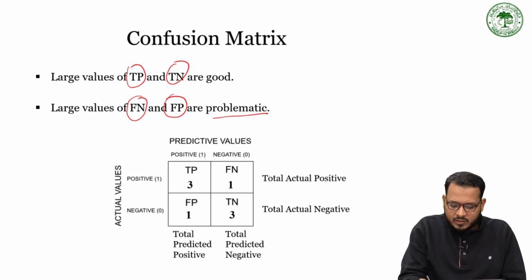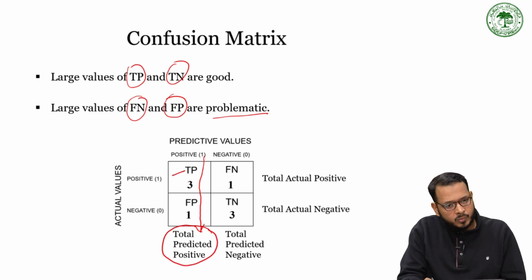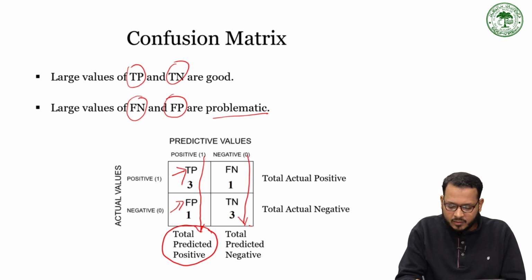If you go by this whole column, it gives you the total predicted positive. These are rightly predicted, true positive, and they are falsely predicted, but overall we got these many total positive predictions. This column gives us total negative predictions.